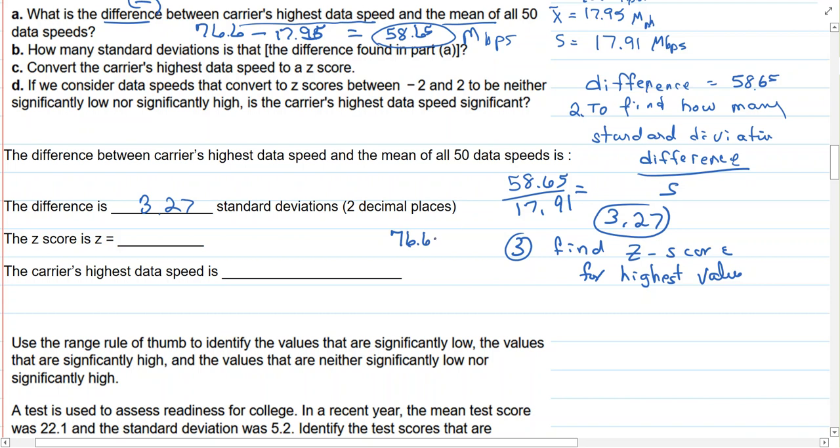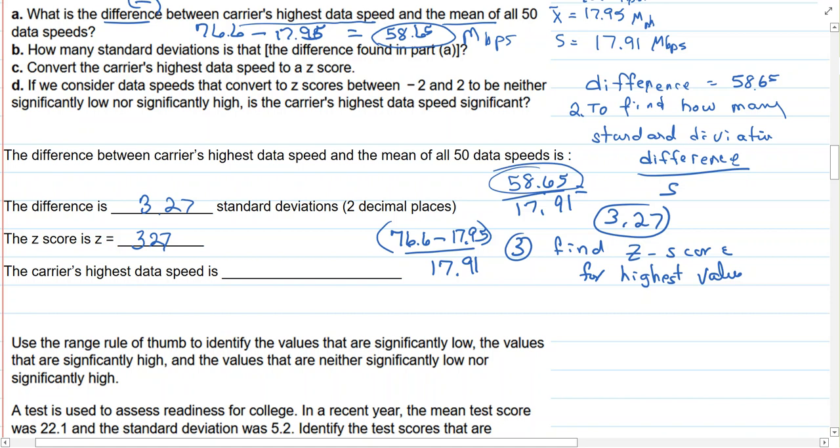And we're going to subtract the x bar, which is that difference that we just got, 17.95, and divide by the standard deviation, 17.91. So this number right here is the same, because this part right here is that value right there.